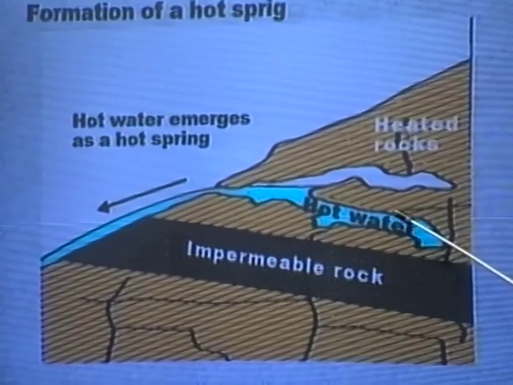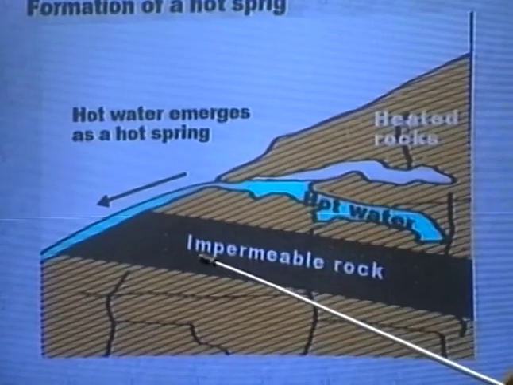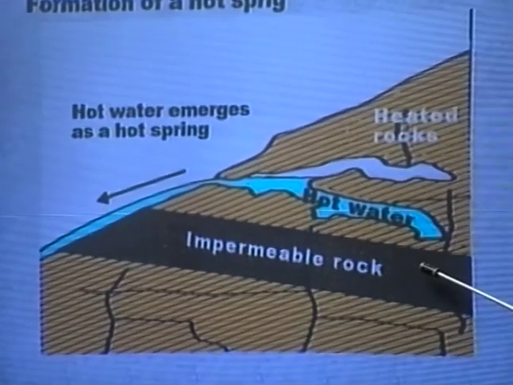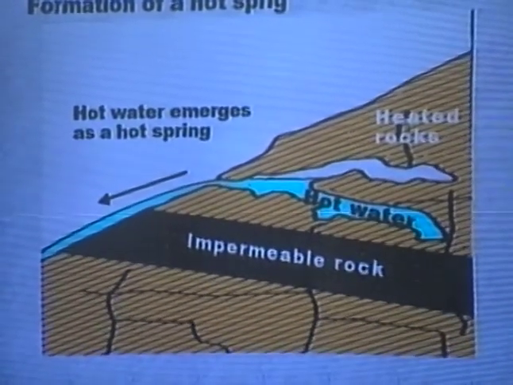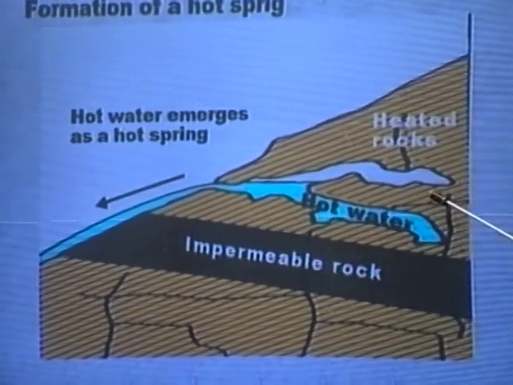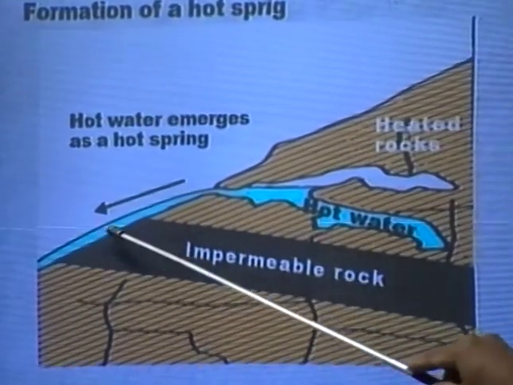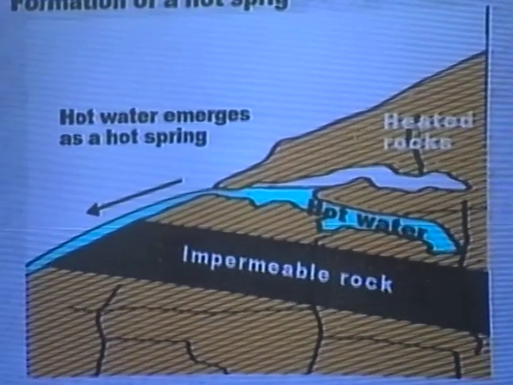The water gets collected under the surface here. Then you have the layer of impermeable rock that does not allow the seeping of water further down. Therefore, when water gets collected here, if the surrounding rocks are heated as a result of volcanic activities, you might then have hot springs flowing out onto the surface.